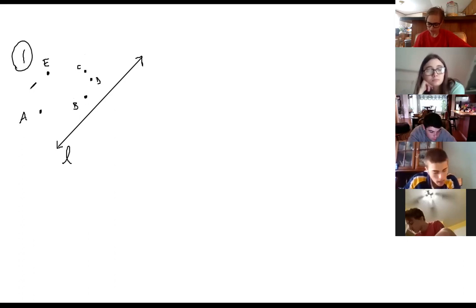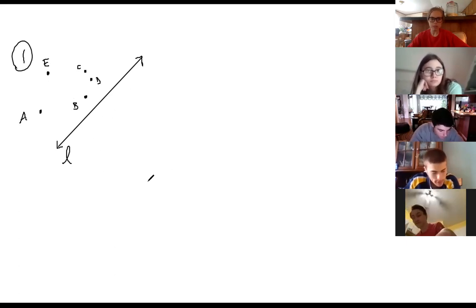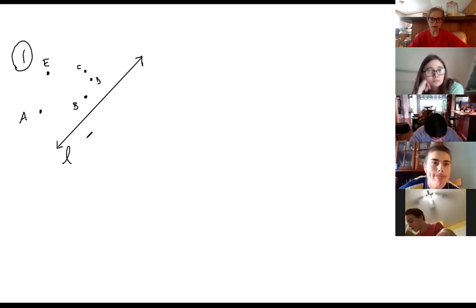So the directions say copy each figure below onto your paper and then reflect the pre-image across the given line. So this is the pre-image and we want to reflect that. So we'll have the image over here. So I should have 5 more points on the right side of this line. Okay, how do I do reflection?